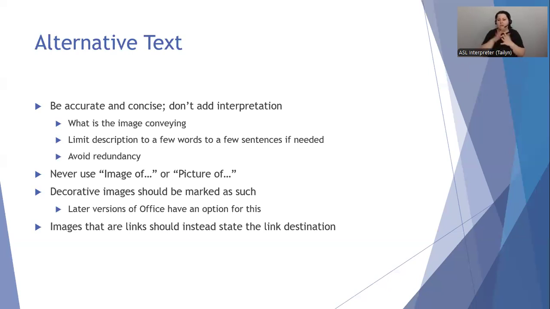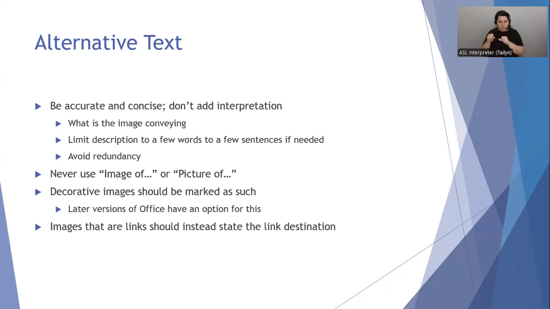And then finally, we want to avoid redundancy. If the image description is just going to give us the same text that's already in the paragraph nearby, or if it's not adding anything else to the conversation, then we're going to treat it as a decorative image. So if possible, we want to mark those sorts of images as decorative. If you have 365, you do have the option to mark it as such.